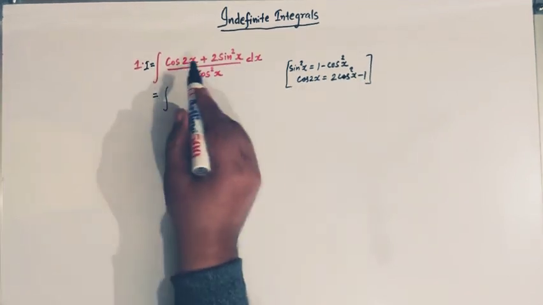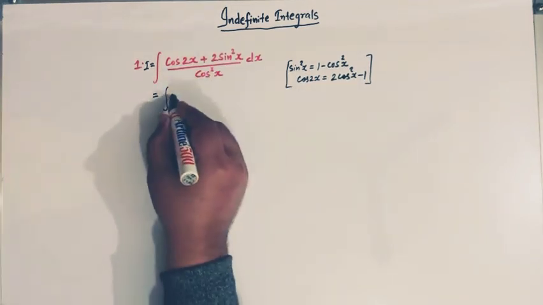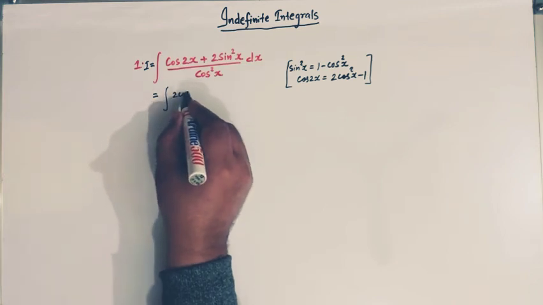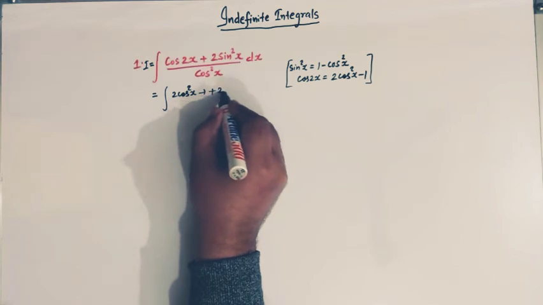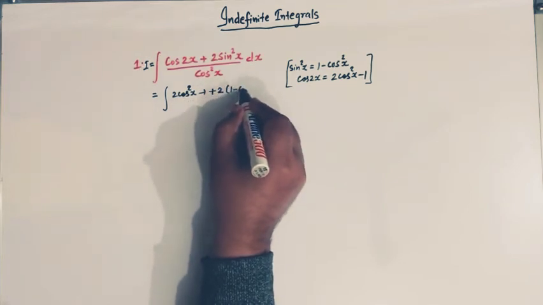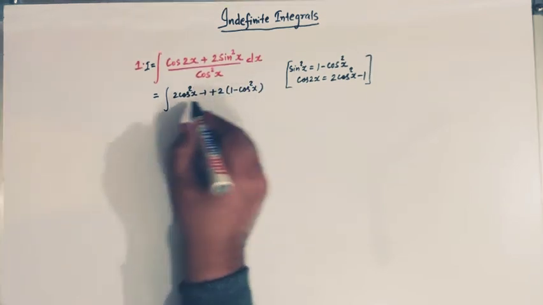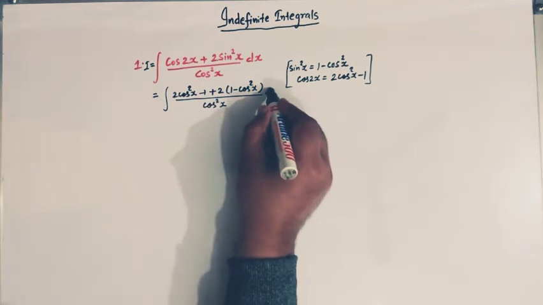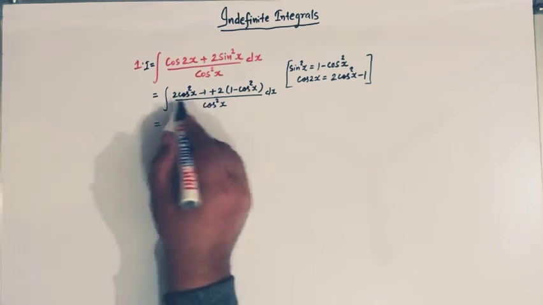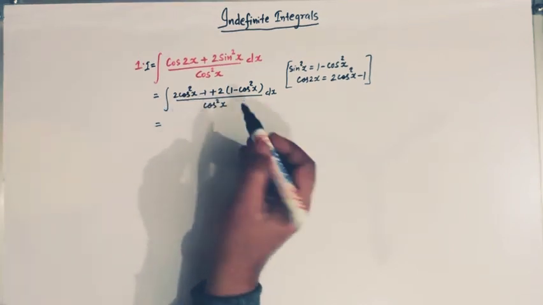So let us substitute these values here. So we get 2 cos square x minus 1 plus 2 times 1 minus cos square x divided by cos square x. Right? So now we simplify the numerator.